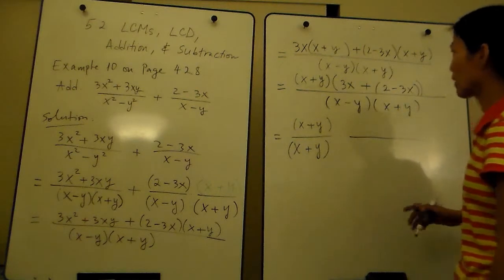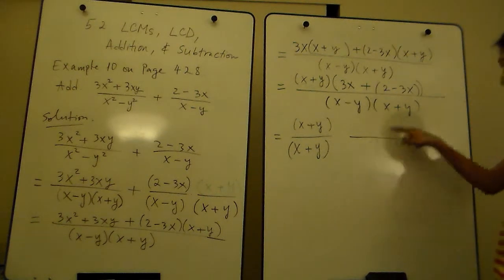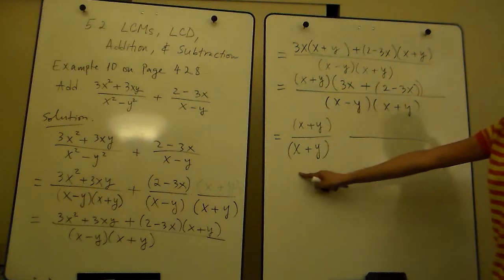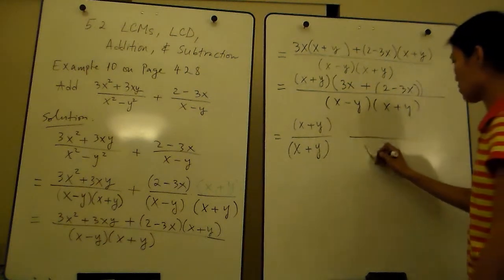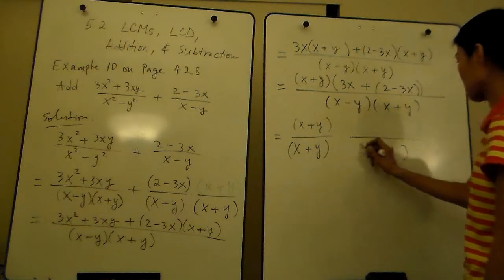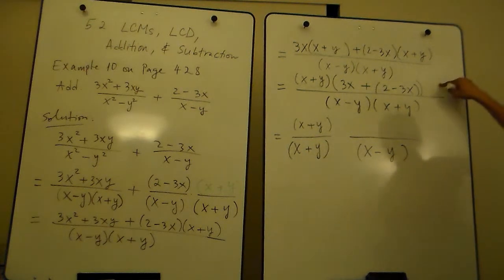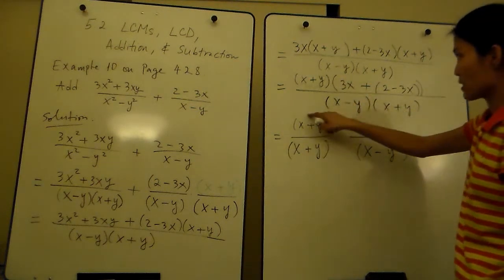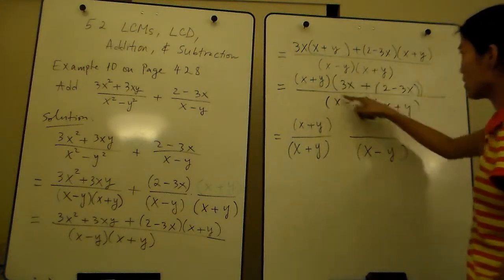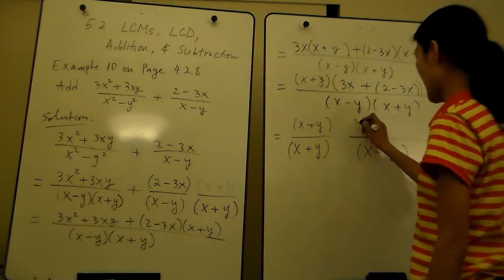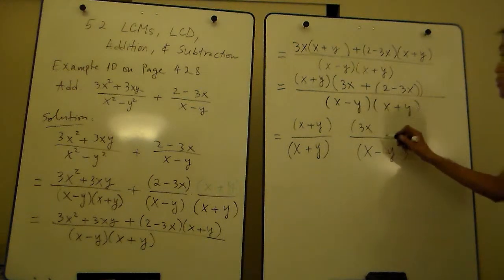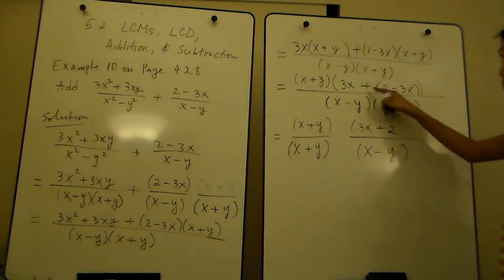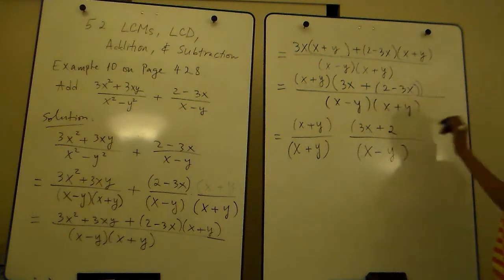For the denominator, once the x plus y is factored out, the remaining is x minus y. How about the numerator? X plus y is factored out. The remaining is everything inside the parentheses, right? So let me rewrite this: 3x plus 2 is positive 2, plus negative 3x is negative 3x.